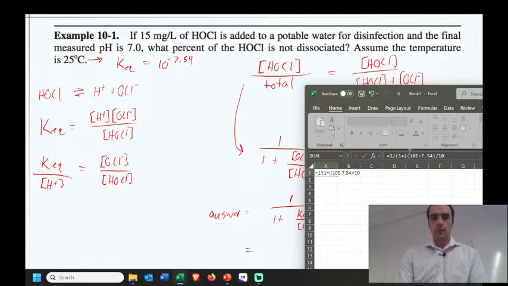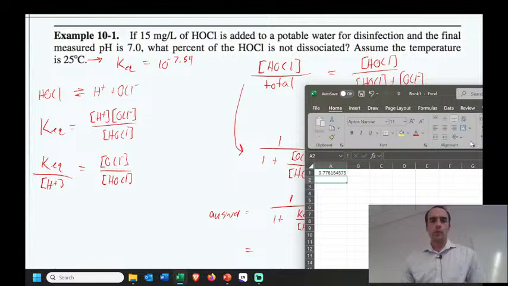And we're at pH 7, so that's going to be 10 to the minus 7. Okay, so the answer becomes 0.776 or 77.6%.